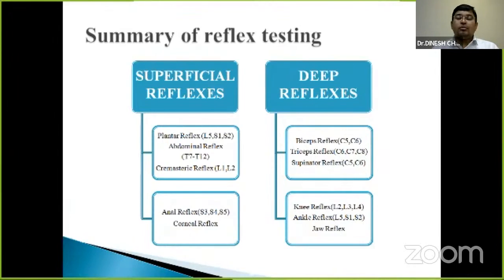The corneal reflex, as we have seen, is closing of the eyes when we touch the cornea. Then the deep reflexes: biceps reflex for the upper limb, triceps reflex and supinator reflex, which we have seen. These can be done in supine and also in sitting, not necessarily always supine.